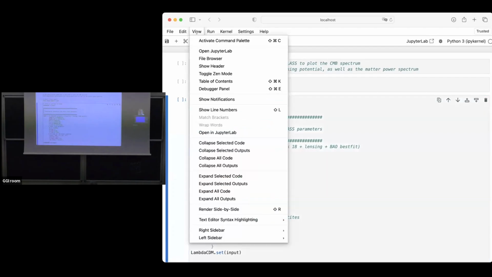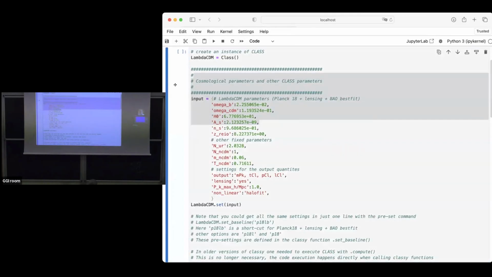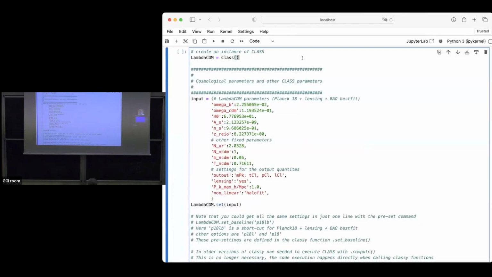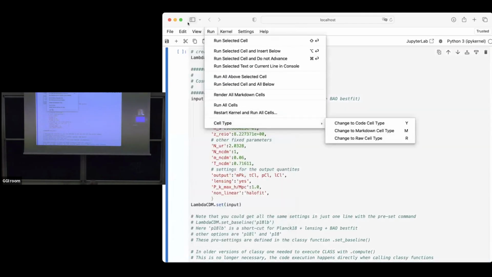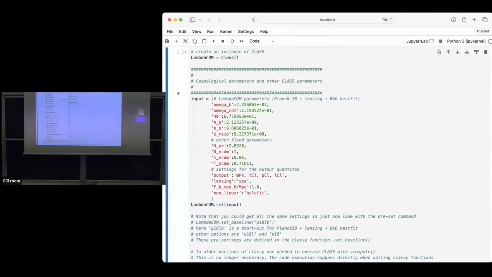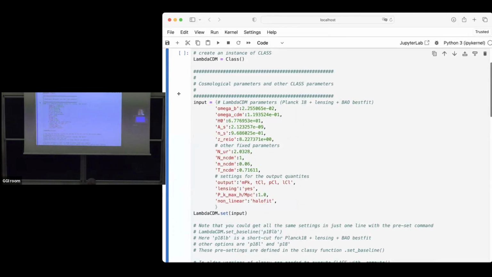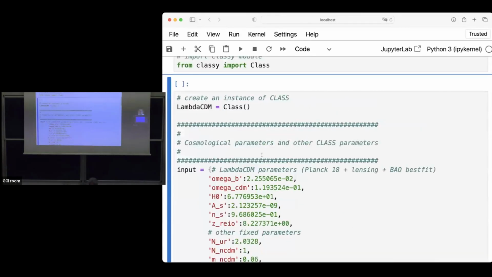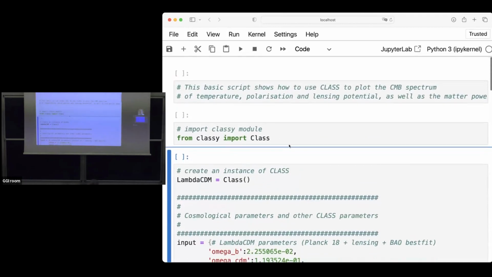Command plus did not work. So is it big enough? It's a bit small. Yeah, now, okay.